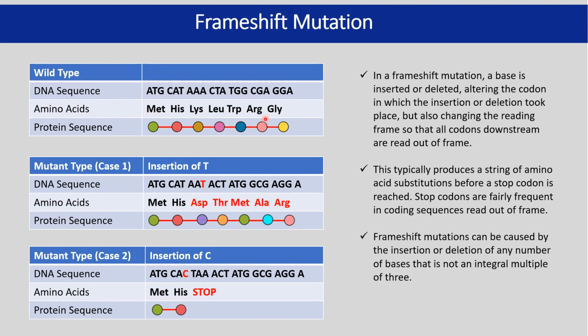This was the wild type sequence, and now you see there was an addition of T after the two A's. Because of the addition of T, the A which was there is now making a codon with the next C and T. So the frame is totally shifted here.